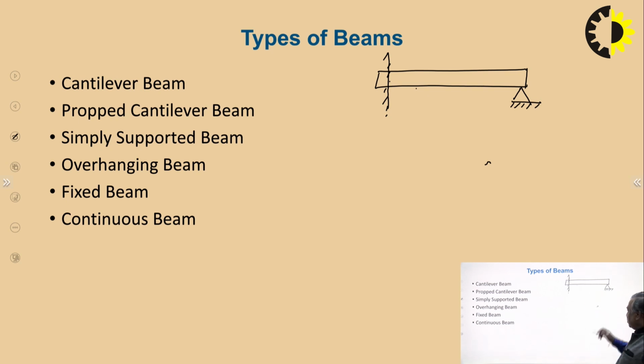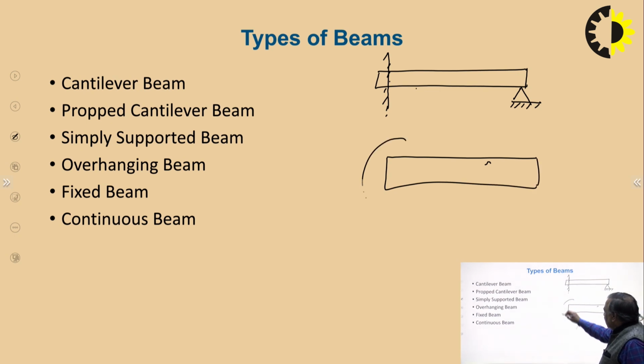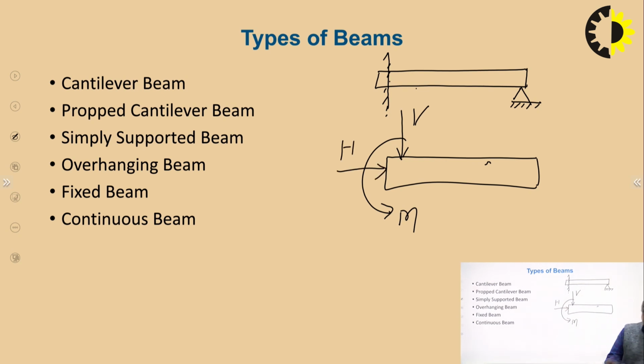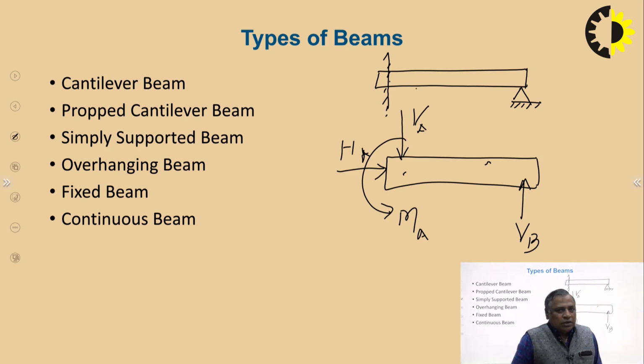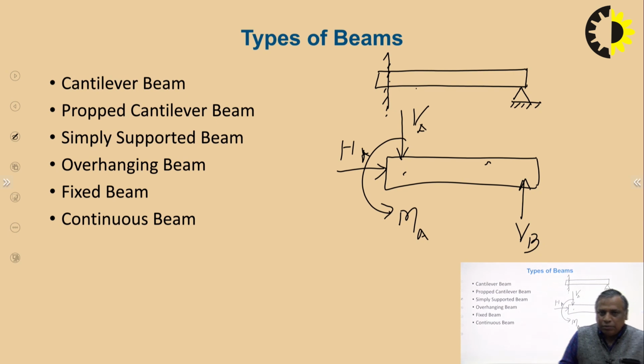If I draw the free body diagram of this propped cantilever beam, the fixed support will offer, maybe, this is moment M, this is V, and this is H. I assume the directions arbitrarily, and this is vertical at B, this is A. So the unknowns are 4, and to solve this in a coplanar force system, only 3 equations are available for the general procedure.